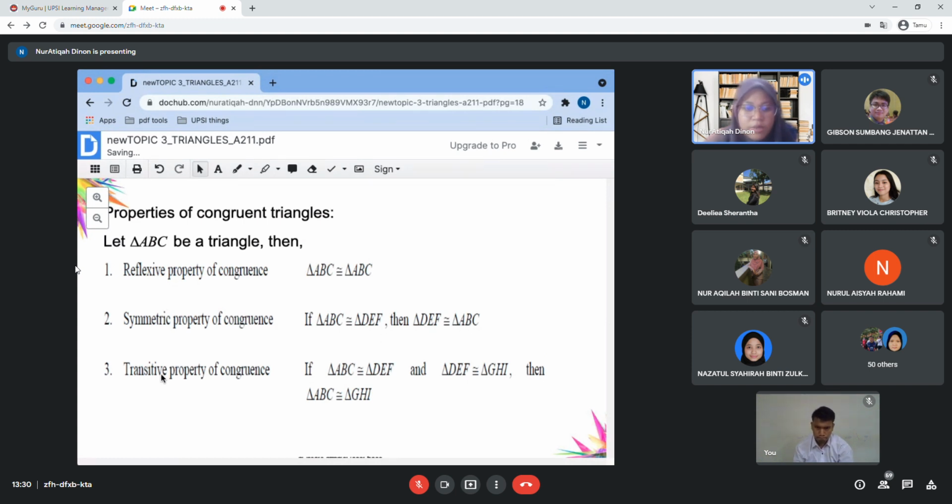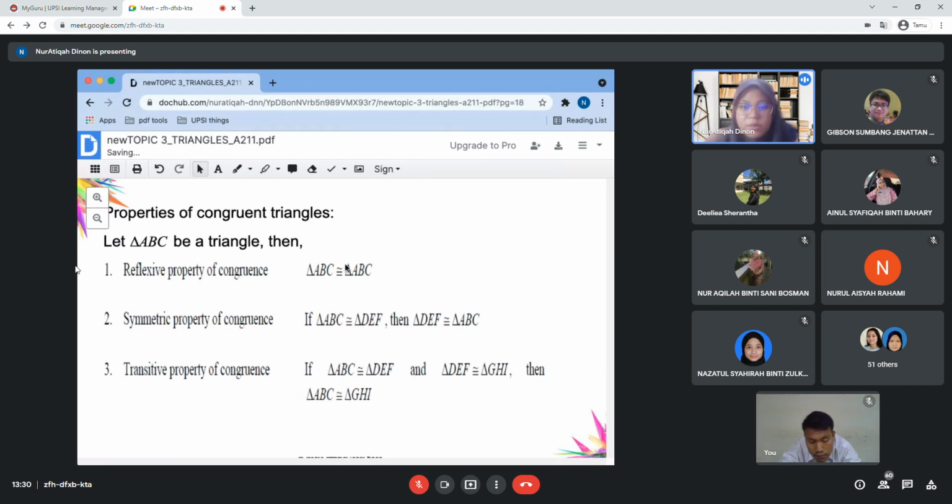And then we have the transitive property. Last time in the property of equality, if A equals B, B equals C, then A equals C. It is the same if triangle ABC is congruent to triangle DEF, and DEF is congruent to GHI, then ABC is congruent to GHI.